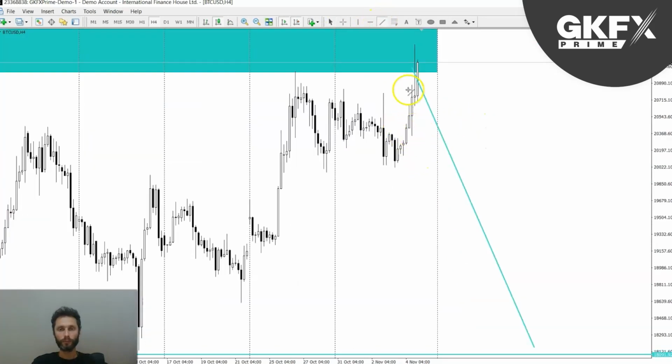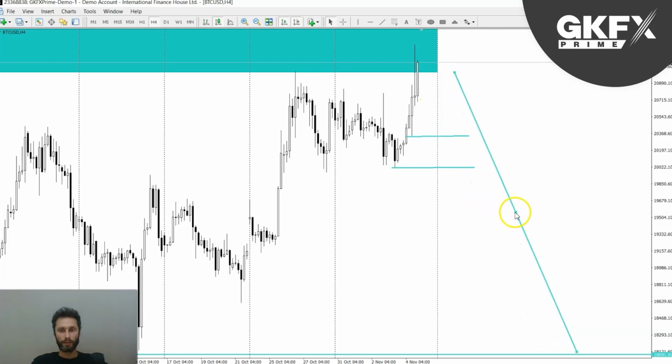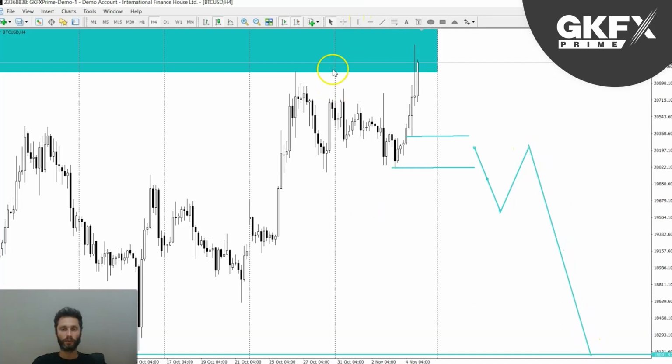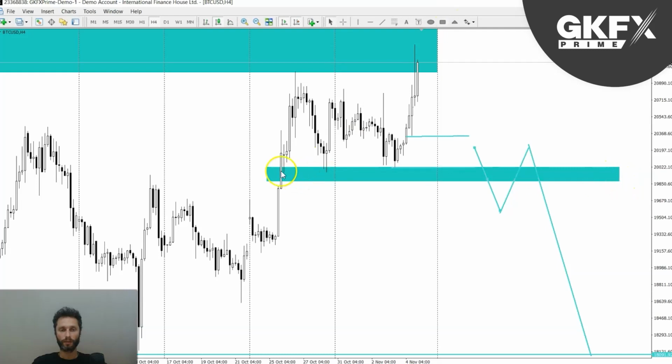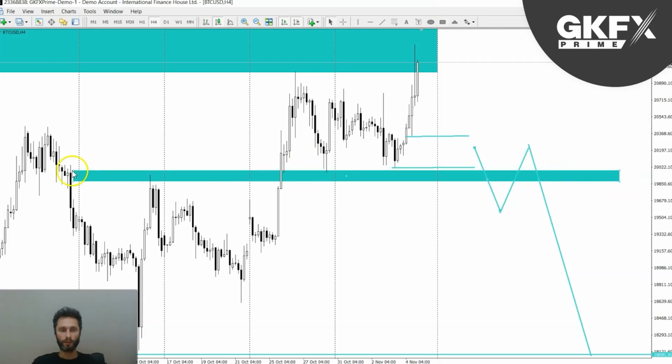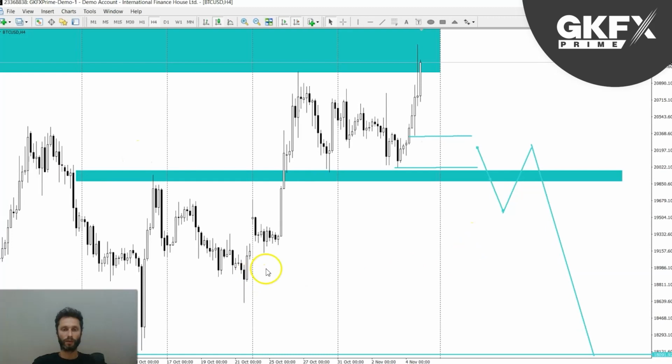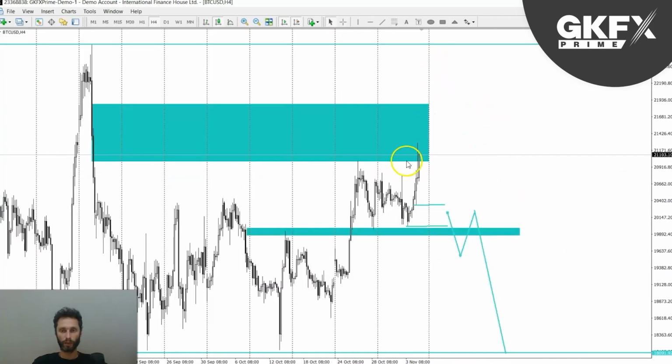Now, looking here, we've got this last spike, so heading lower, first we need a break of this level and this level, and heading lower. And then once we head lower, then I'll be looking for some kind of pullback situation and coming down into these lows down here, but first wanting to get a better price.